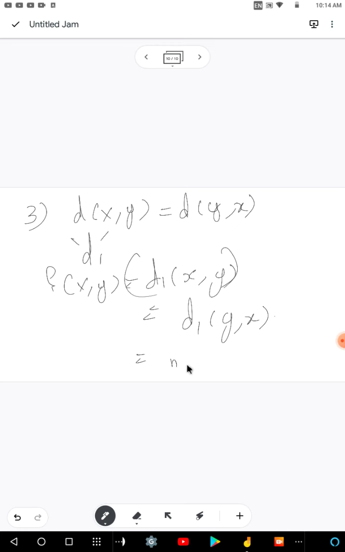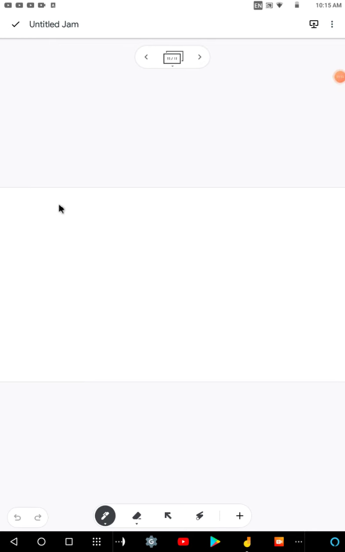So this you have chosen from the maximum of D1 of y comma x, D2 of y comma x. Hence you can say rho of x comma y is equal to rho of y comma x.